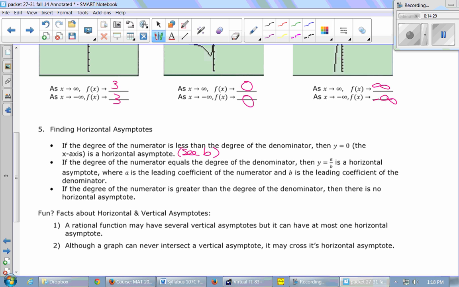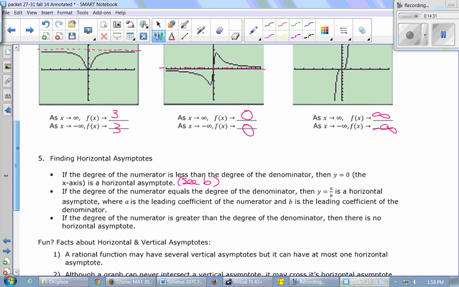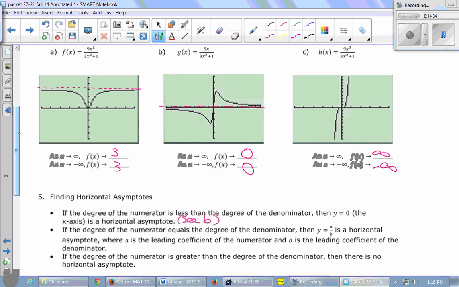If the degree of the numerator equals the degree of the denominator, which example has the 2 degrees equal? A. They're both degree 2. Squared on top and squared on bottom. When that happens, then y equals a over b is a horizontal asymptote. A is the leading coefficient of the numerator. What's the leading coefficient of the numerator here? 9.